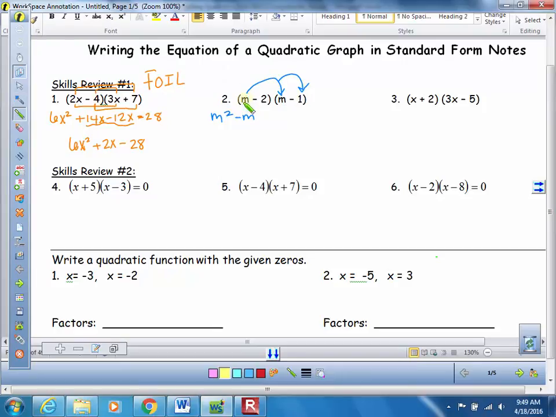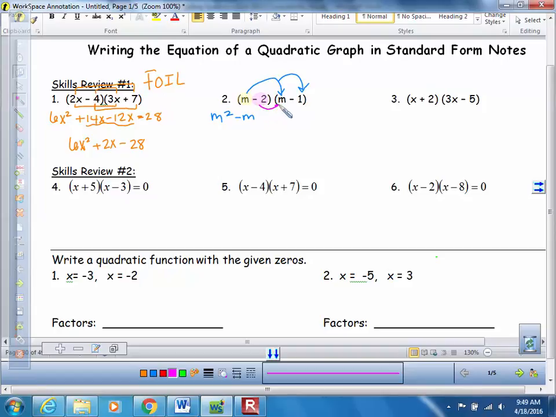Now that I've distributed this m to both things, I want to distribute my negative 2 to both terms. So I'm going to do negative 2 times m, which gives me negative 2m, and then negative 2 times a negative 1, which gives me a positive 2. Okay, so I've distributed the m, I distributed the negative 2, so we're done other than if we have like terms.